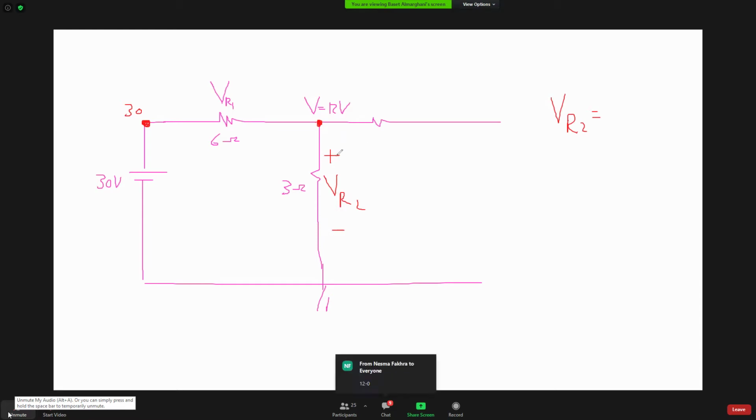What is the voltage at the positive side? What is the voltage connected to this side? 12. What is the voltage at the negative side? 0. 12 minus 0. 12 volt. If you change the polarity, it will be 0 minus 12.